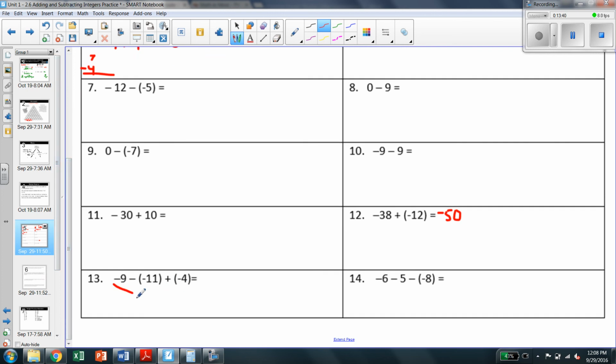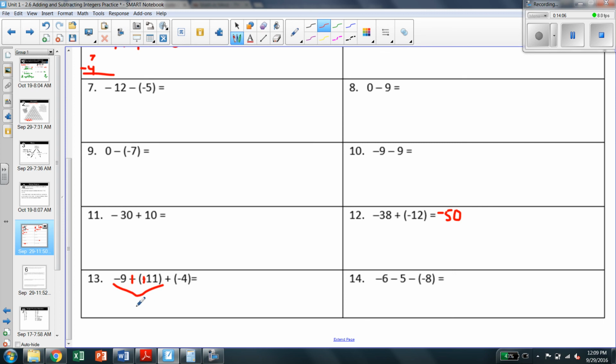Number 13 is like two problems built into one. First, we need to answer this problem, get that answer there. Then we need to add in the -4 and do it again to find another one. So, -9 minus -11 can be rewritten as -9 plus +11. The signs are different.